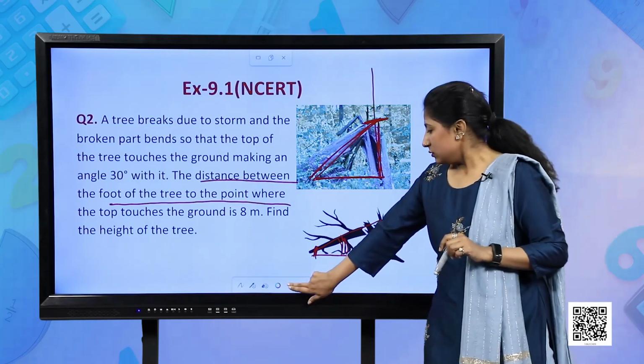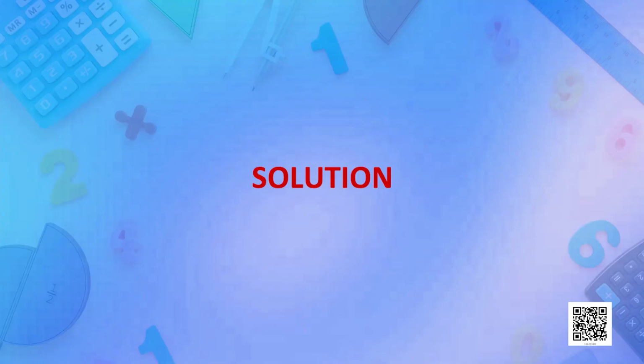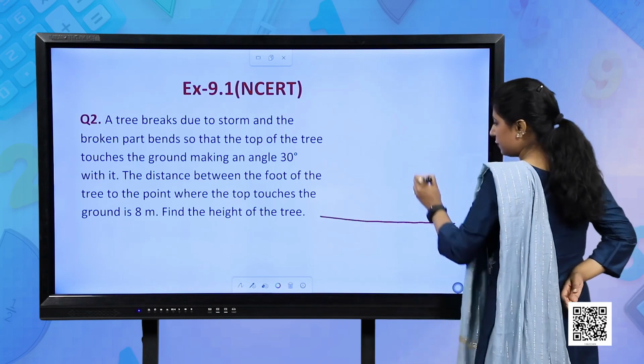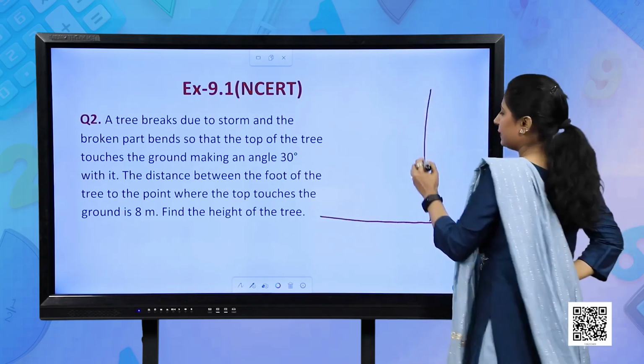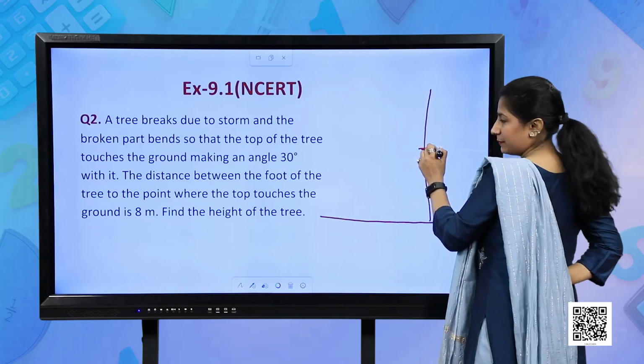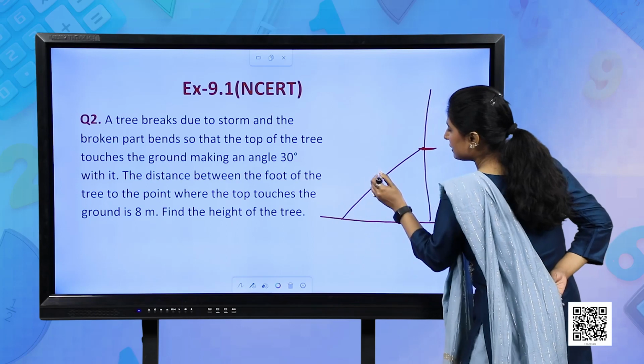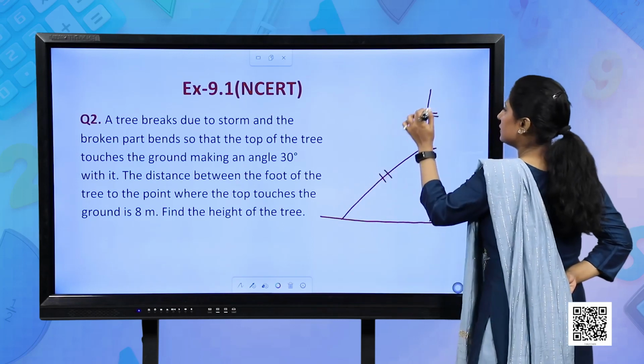So, looking at the figure, suppose this is the ground, this was the tree which was upright earlier, then due to storm it broke down here. This part fell on the ground, which means that this length is obviously equal to this length.